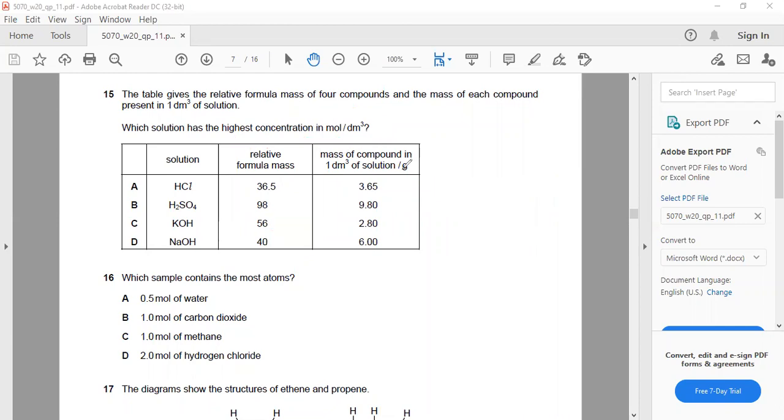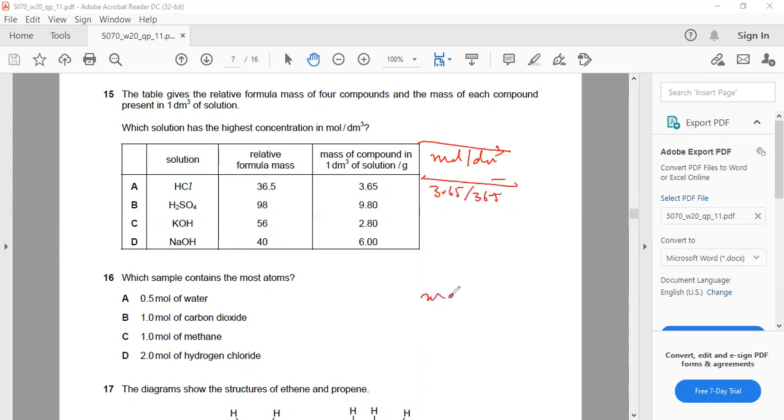Now, the mass of compound given is dissolved in one dm cube. One way is to find the concentration in mole per dm cube. How? This is given in mass in 1 dm cube. But I'll tell you the shortest way. But first, for those whose mole concept is weak, make one more column here. 3.65 divided by 36.5.